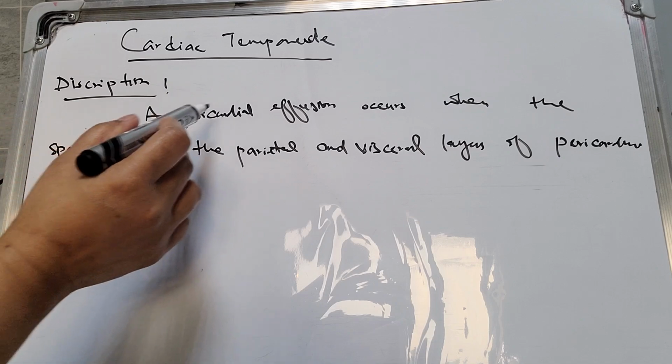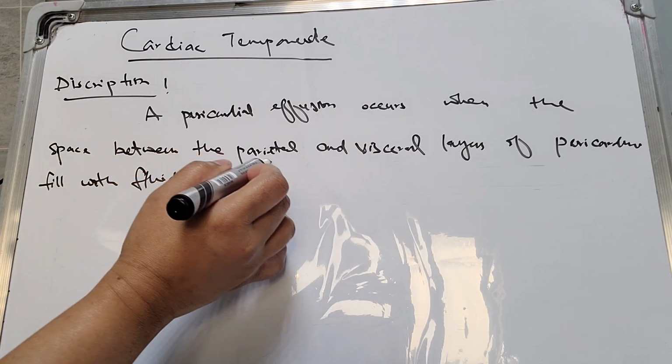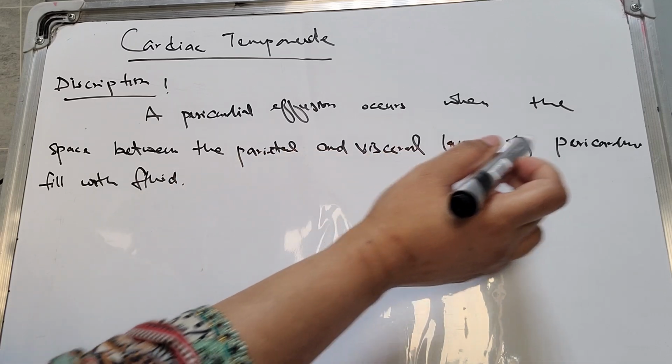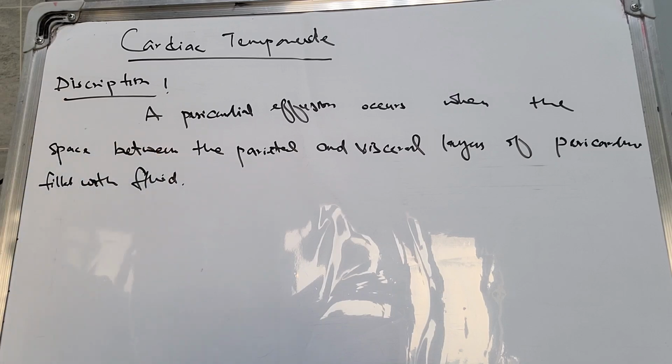So a pericardial effusion occurs when the space between the parietal and visceral layers of pericardium is filled with fluid.